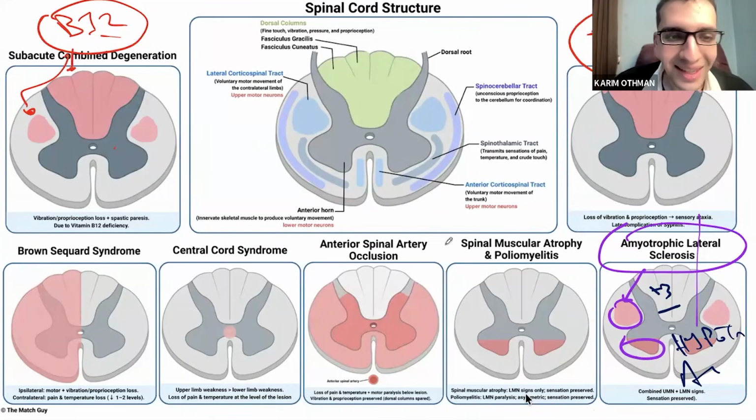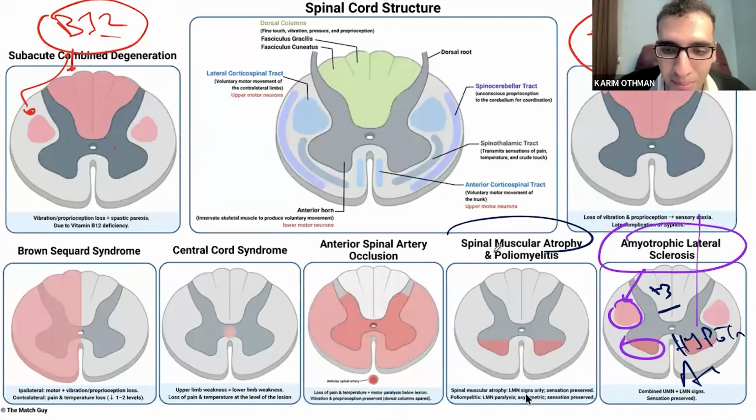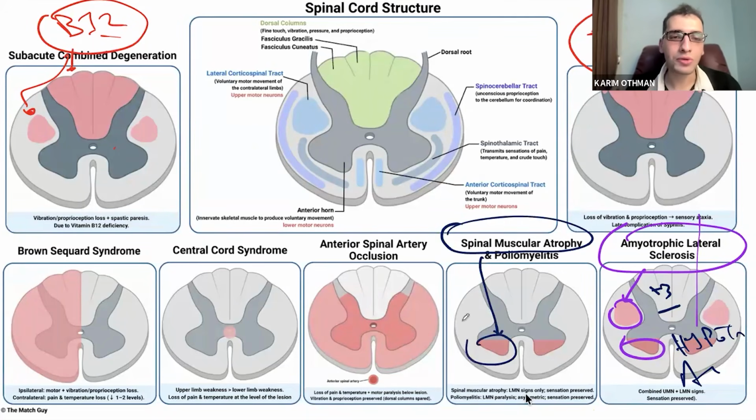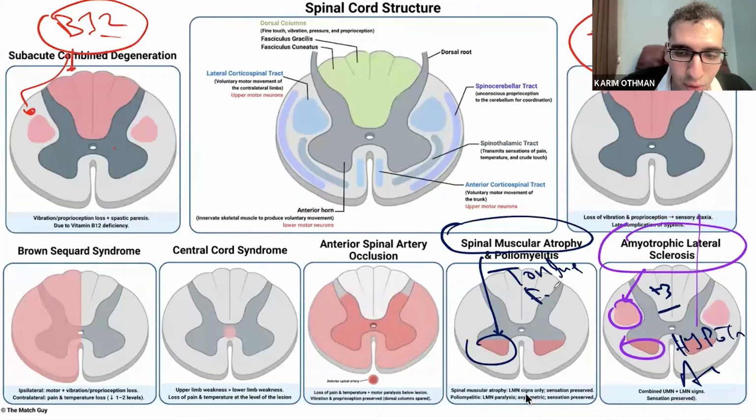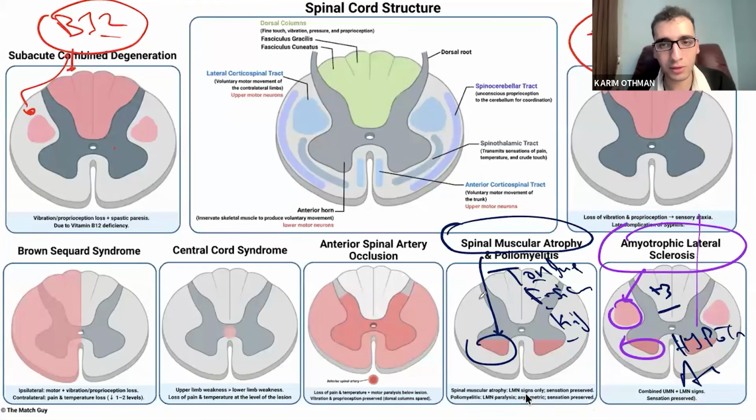Okay. Then spinal muscular atrophy affects the anterior horn only. So it will cause lower motor neuron lesion only. But what I need you to know is the keyword. Please know this keyword and you will answer it. The person will have tongue fasciculations. You will see a kid with fasciculations on the tongue. If I see tongue fasciculations, that's spinal muscular atrophy.